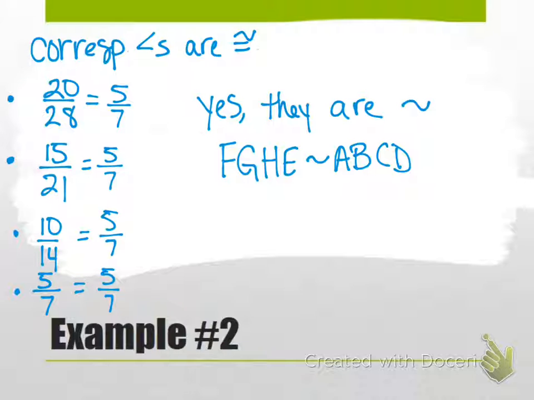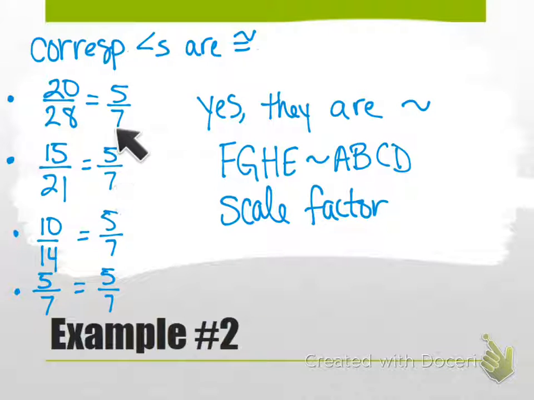The last thing they ask us to do is identify the scale factor. If they want us to go from FGHE to ABCD, that means that FGHE has to be on the top, ABCD has to be on the bottom. That's why I set these ones up here like this.